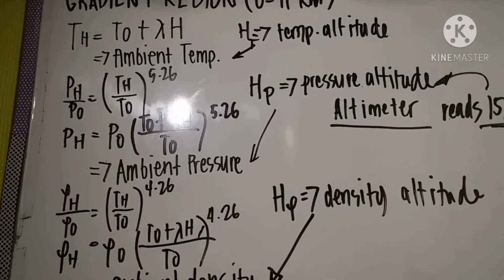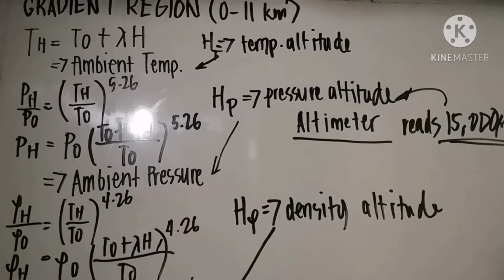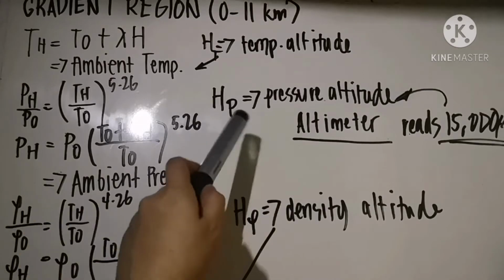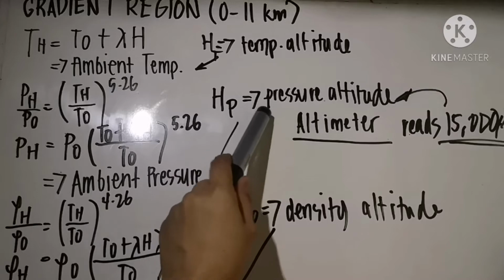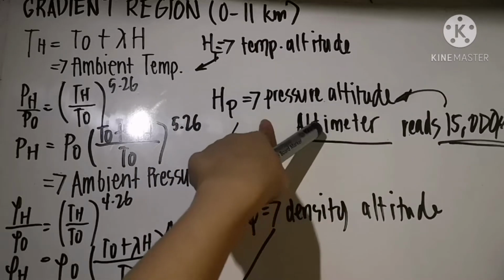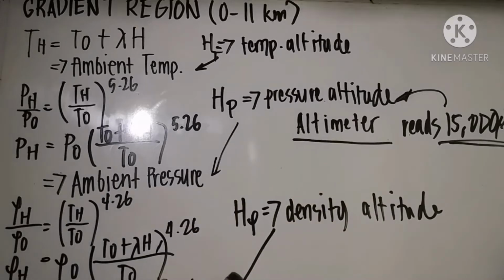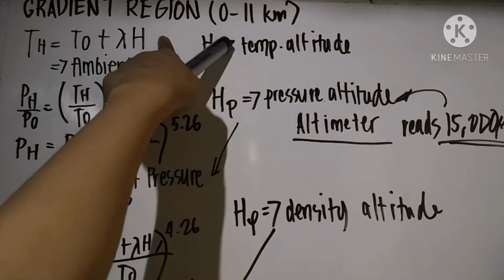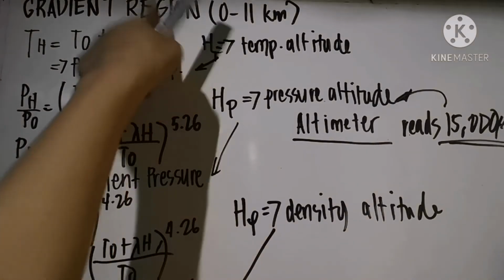So, ibig sabihin lang nun, if you are given a pressure altitude, this pressure altitude is hindi po siya pwedeng gamitin here sa formula ng density. Also here sa formula ng temperature.